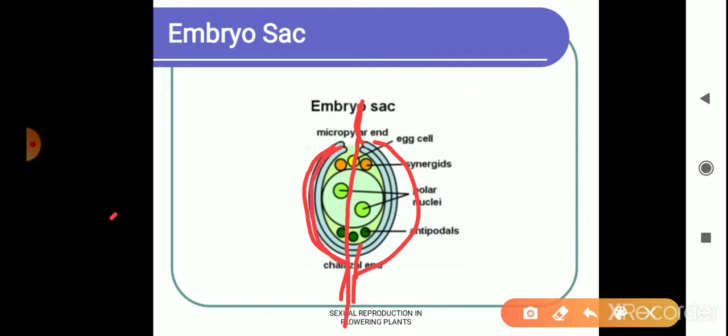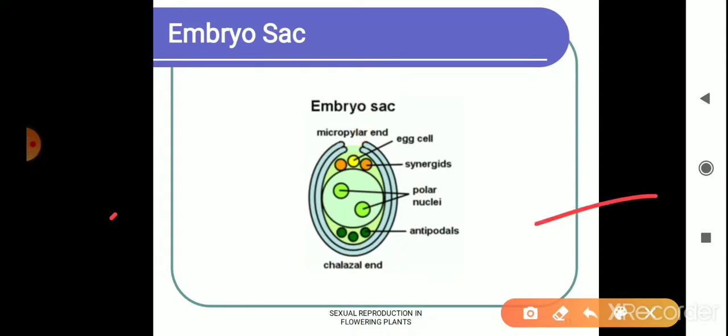This type of ovule in which micropyle, chalaza and funicle lie in the same plane is called an orthotropous ovule. Now look at the other figure, which is called the anatropous ovule.